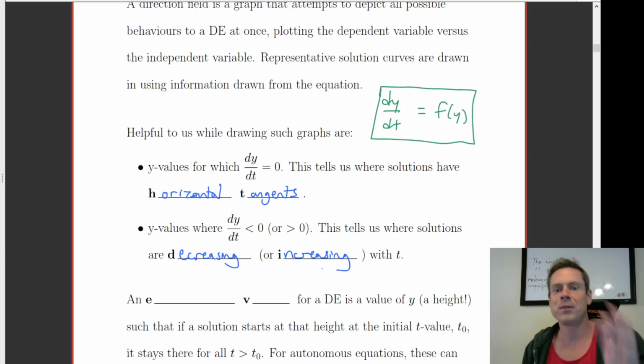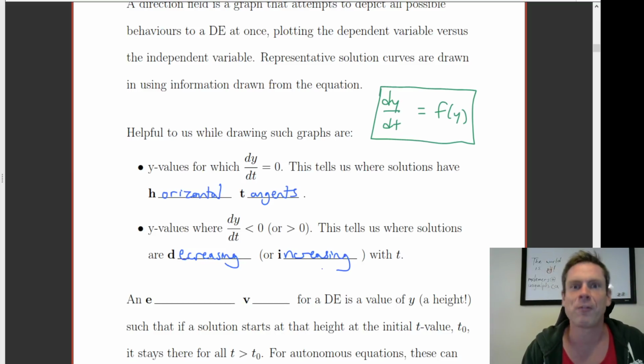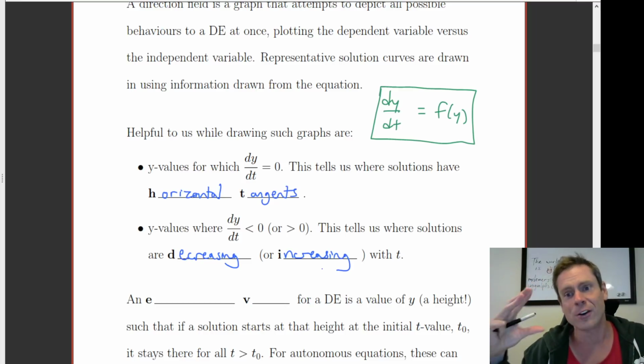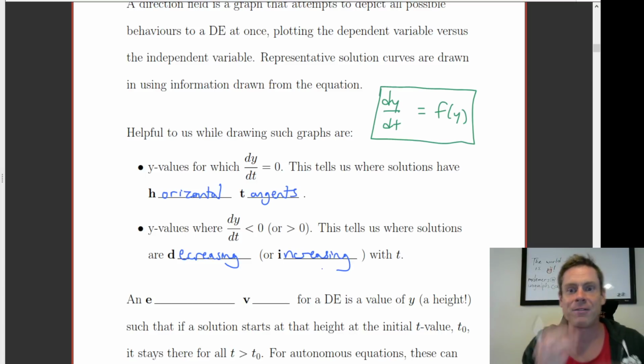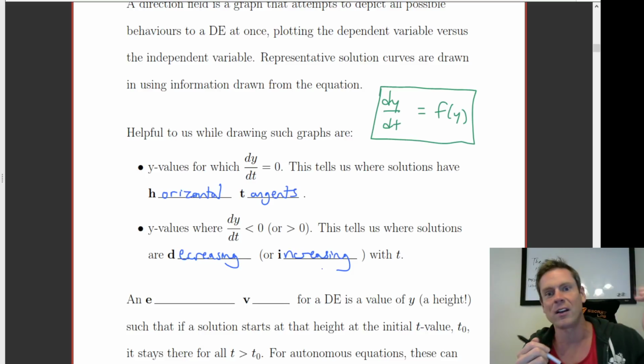So looking back to that dy by dt equals f of y again, wherever the f of y is greater than 0, for all those y values for which that function is greater than 0, I have that dy by dt is greater than 0. And that literally says the derivative of the solutions is positive there, right? So it's at those heights that I'm going to know that my solutions have to be increasing.